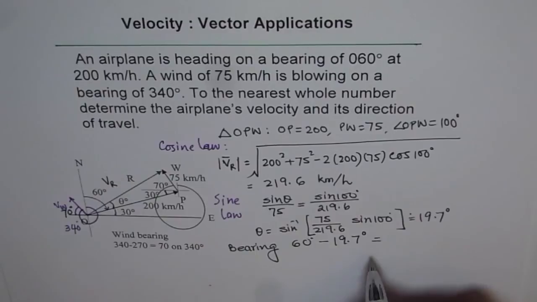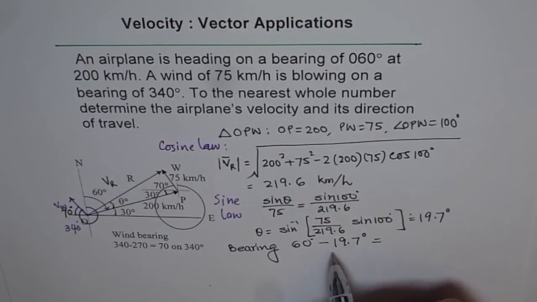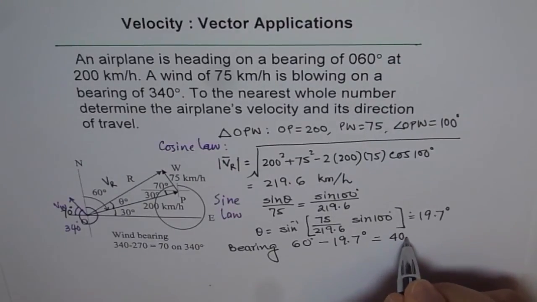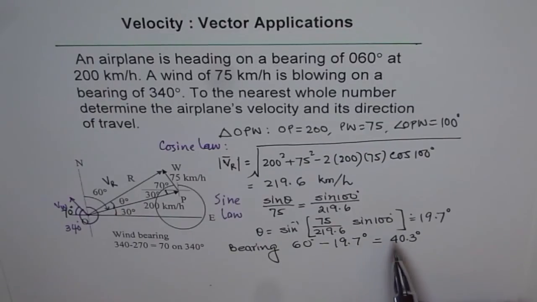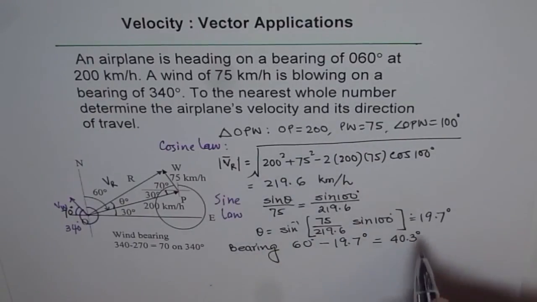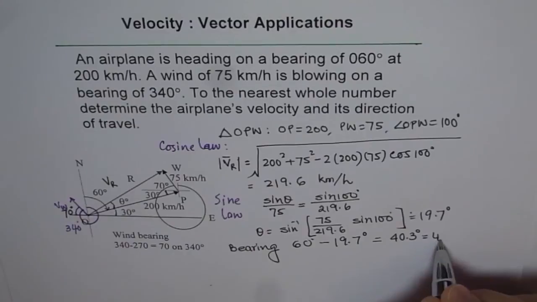So that gets you the answer. If you take away 20, it is 40. So it is 40.3 degrees. So that becomes the answer. We have to round this to the nearest whole number, right? So we'll round this to 40 degrees.